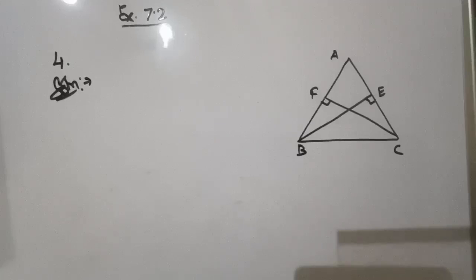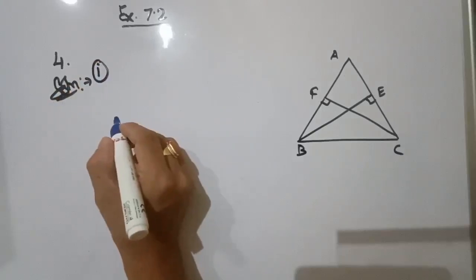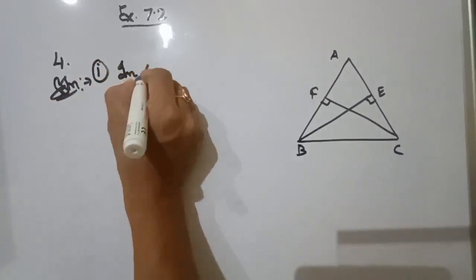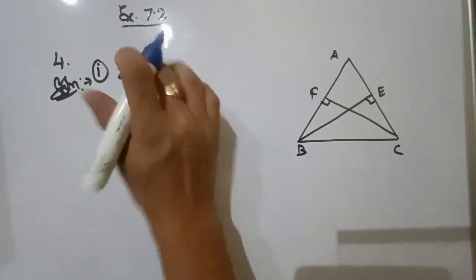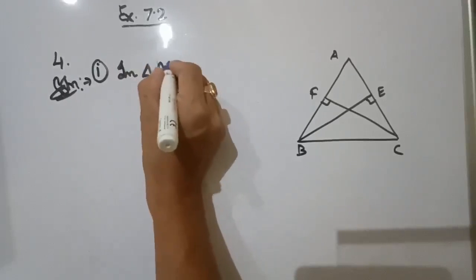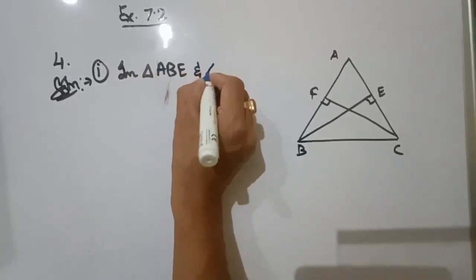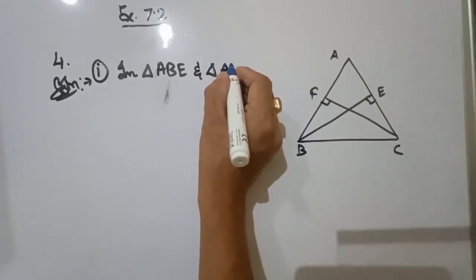So exercise 7.2, question number 4, solutions. So first part, that is Roman number 1. Here we are going to prove triangle ABE is congruent to triangle ACF.